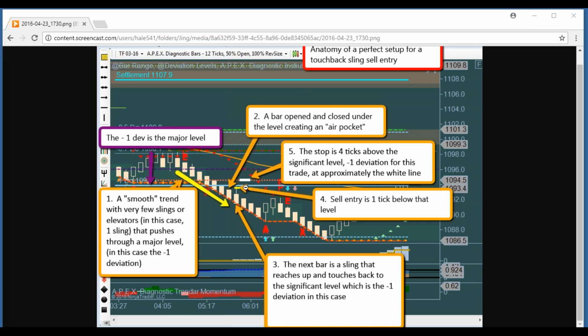But I got in right here. So just this first bar coming down to here gives me like 6 or 7 ticks. Then the actual bar of 10 ticks. So I've already got like 15 ticks of profit in the first bar.